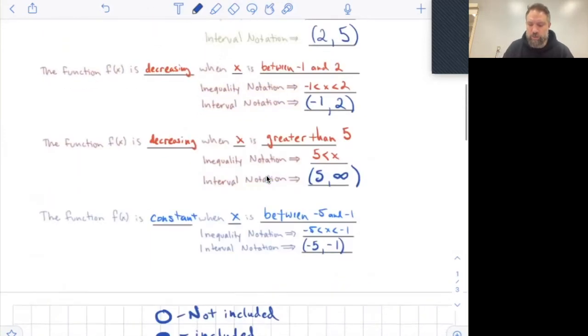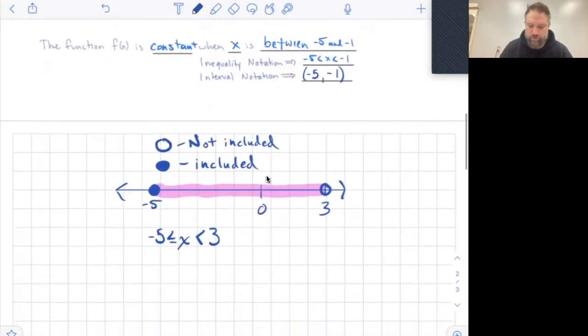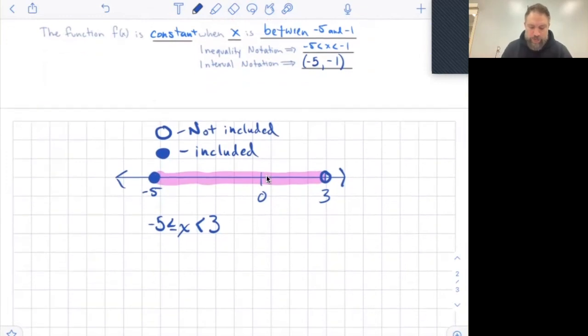While you're learning, feel free to refer to the legend up there, but you want to commit these to memory. If we are going to include -5, we'll use the square bracket between -5 and 3. And since we're not including 3, we'll use the parentheses.